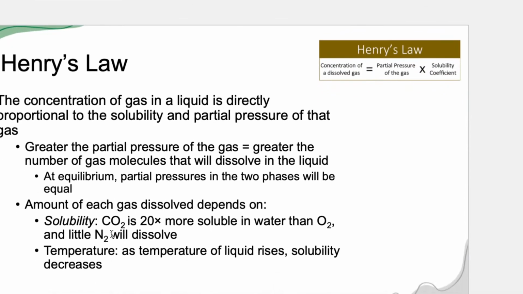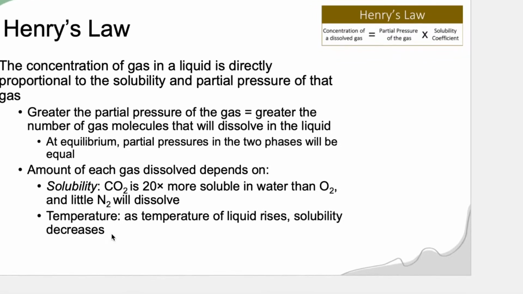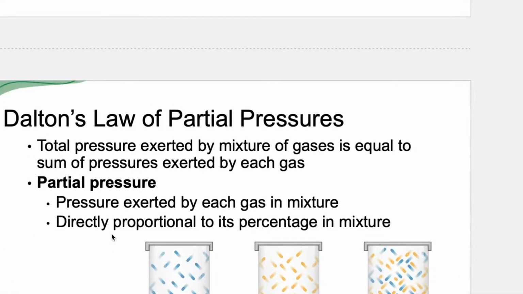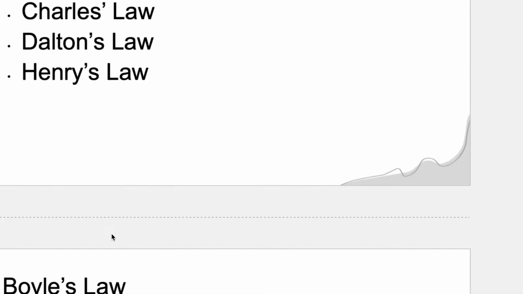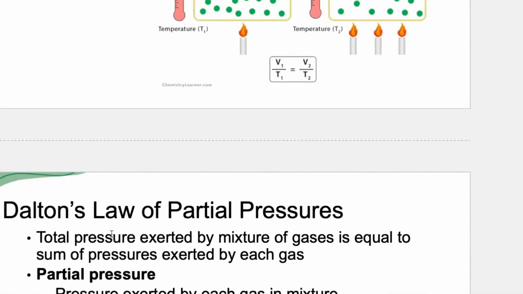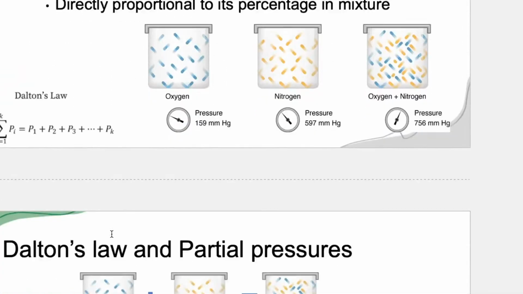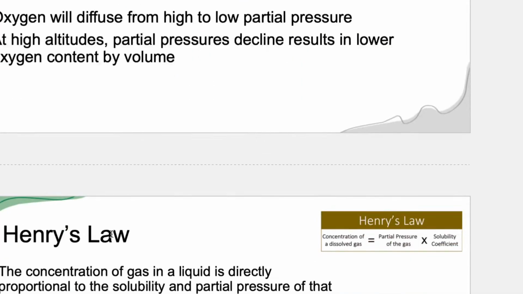The concentration of a gas in a liquid is directly proportional to the solubility and partial pressure of that gas. Oh, so yeah, Dalton's law is different from Henry's law, sorry.